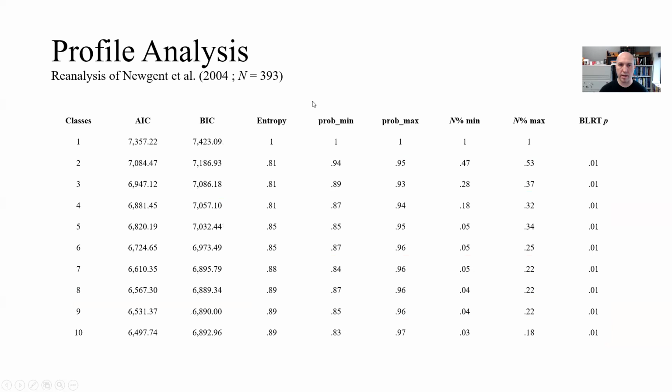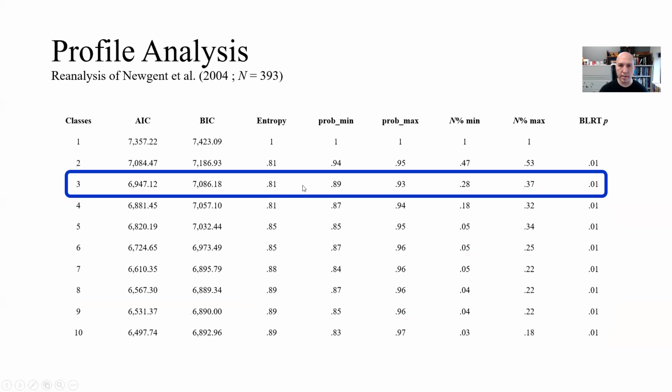Turning to the other data set, again we see the big drop-off in BIC at 3 types. That's where entropy goes down and stays consistent, and then goes back up, which again would be evidence of maybe overfitting.